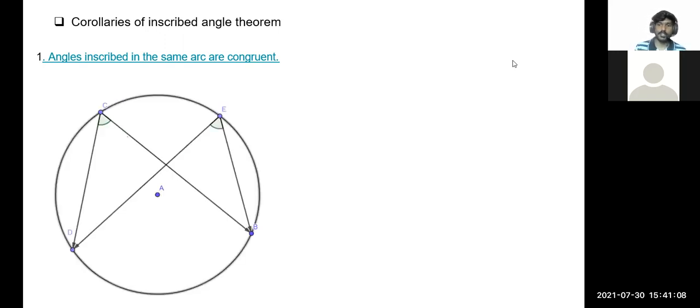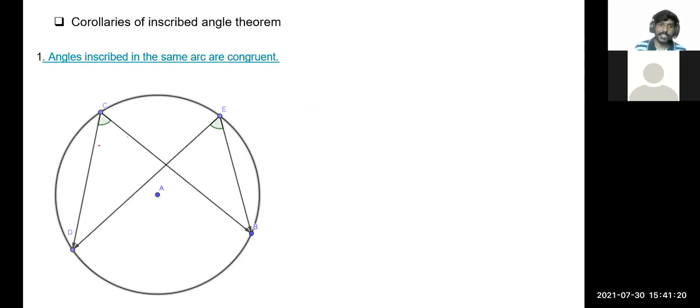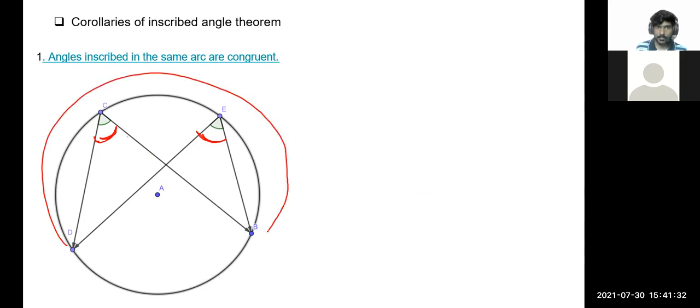So if you see here in this particular figure, angle DCB, that is this one here, and angle DEB, this one. Both of these angles are inscribed inside the same arc.